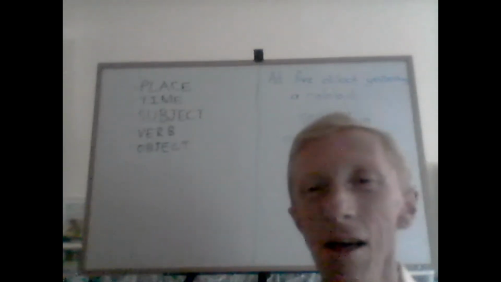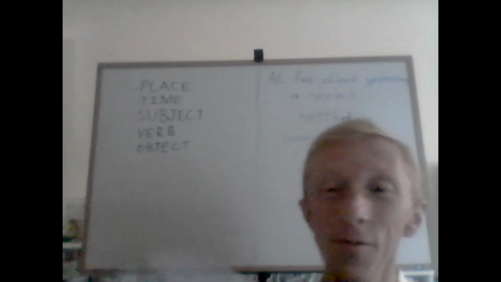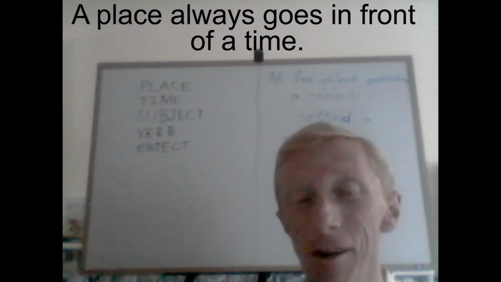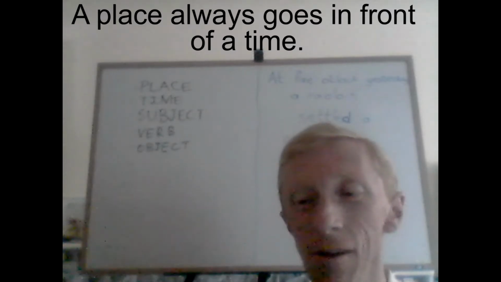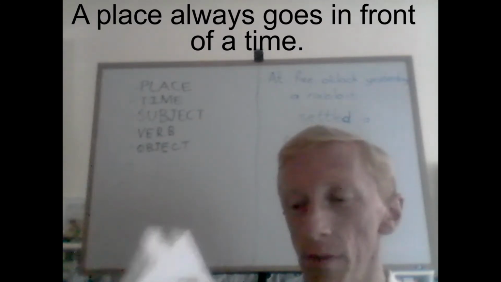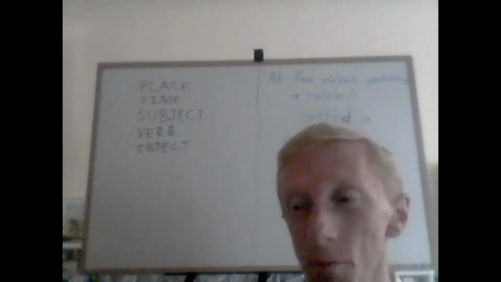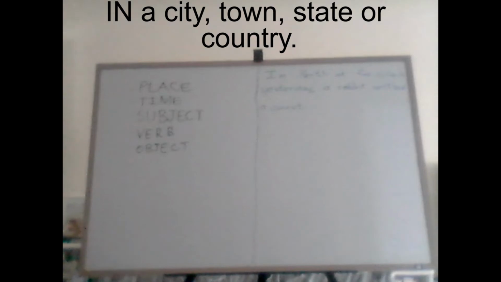The illustrations are excellent and it's going to be a very good place for finding places. Whenever we have a place and a time together, the place goes first. And the place is Perth. In Perth at 5 o'clock yesterday, a rabbit settled a convict.